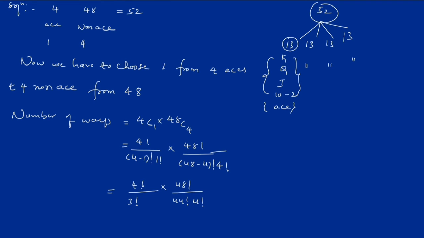Now 4 factorial can be written as 4 into 3 factorial upon 3 factorial, into 48, 47, 46, 45, 44 factorial upon 44 factorial into 4 factorial.